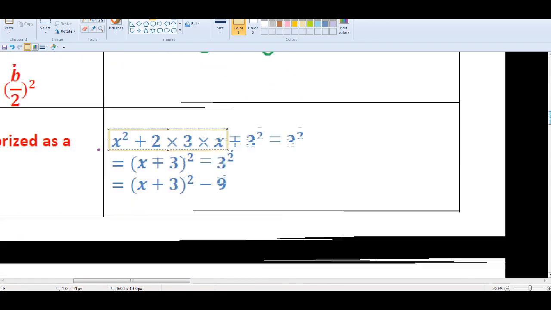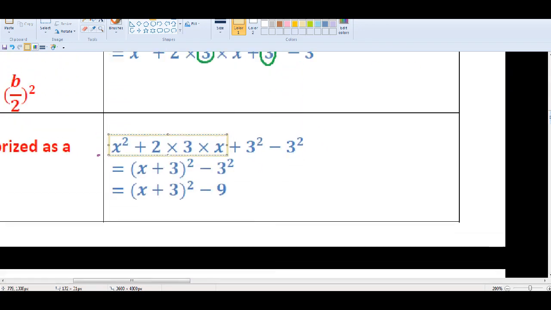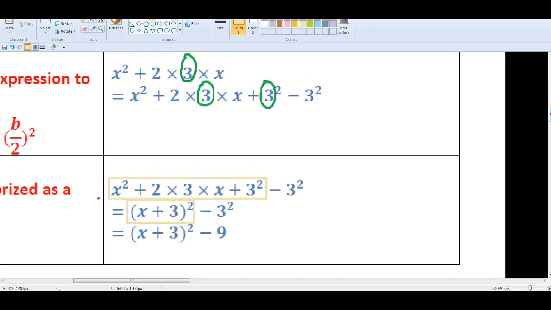So you've got x squared, 3 squared at both ends, and also the middle term 2 times 3 times x. If you've got 3 terms like this, you can always make them into a perfect binomial square, x plus 3 squared, minus 3 squared. So when you add that 3 squared in step 2, you need to take it away immediately.